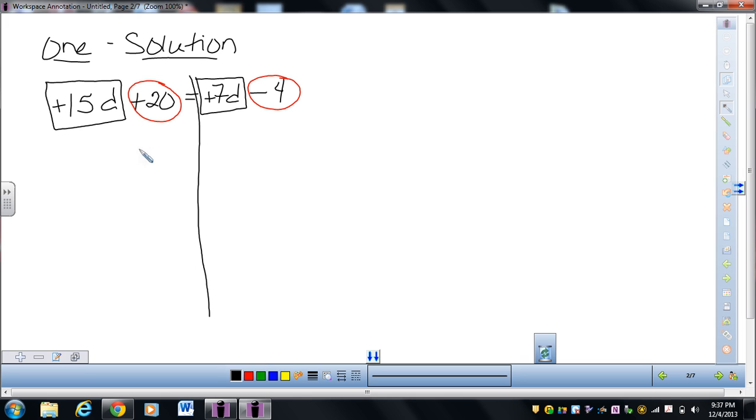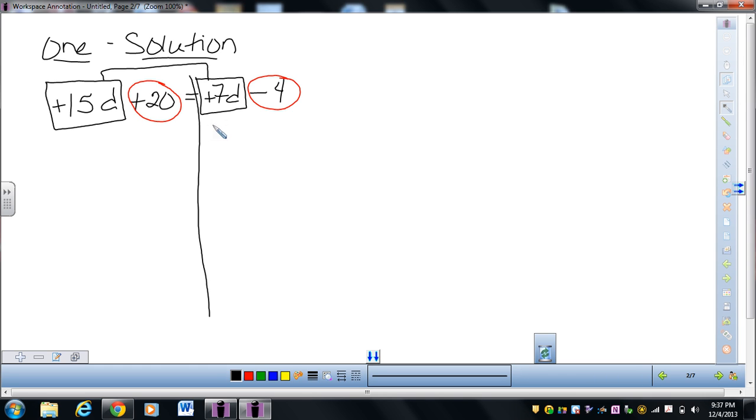Okay, so first I would like to work on our boxes which contain the variable. And I always like to move the smaller number that's attached to the variable. So in this case, it would be the 7, just because it's easier to work with.